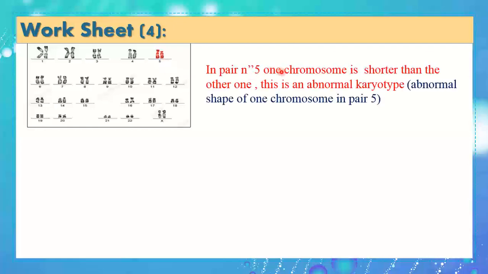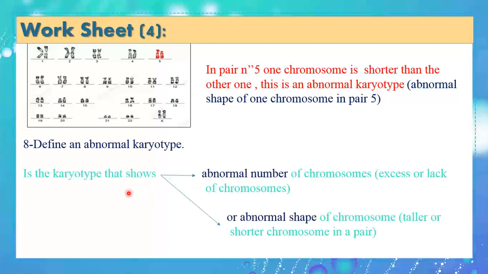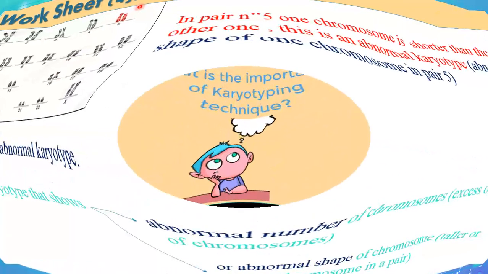However, the pair 5, 1 chromosome is shorter than the other. So the abnormality here is in the shape, not in the number. So let's solve number 8 and define an abnormal karyotype. In an abnormal karyotype, you might have abnormality in the number, an excess or lack of chromosomes, or you might have an abnormality in the shape, as shown in this case.